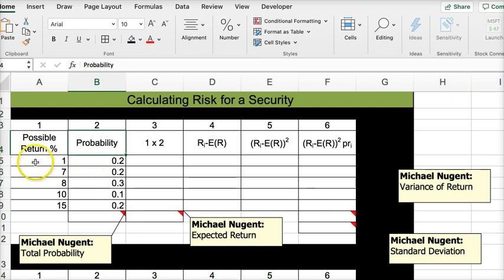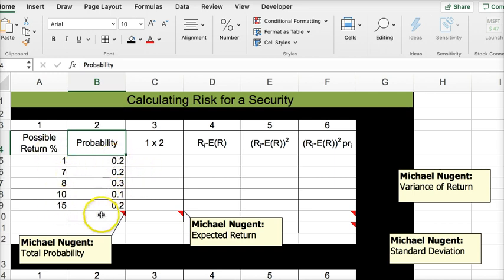So here we have the possible returns for 5 stocks. These are really 1%, 7%, 8%, 10%, 15%, but we're keeping them as whole numbers, multiplying by 100 to make these calculations easier. And this is the probability of occurrence for these returns.